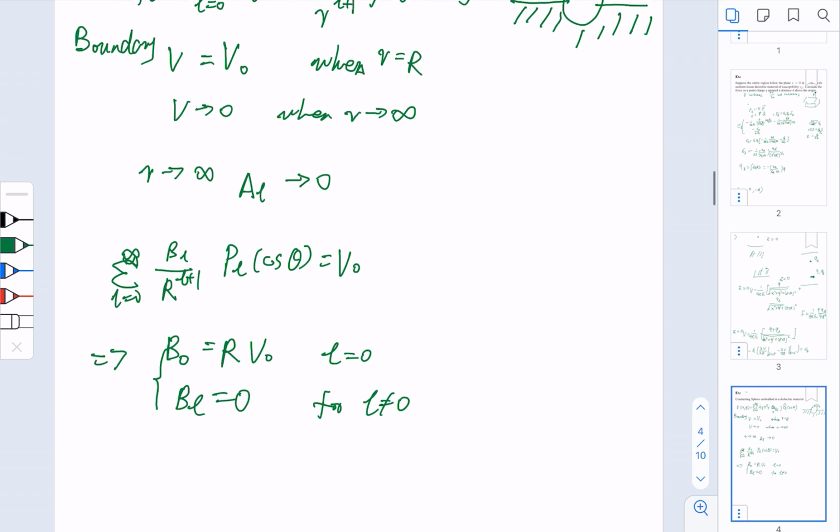So then V of r, theta is actually a very simple solution, simply decaying as 1 over r.